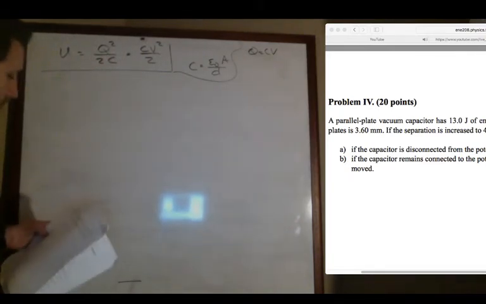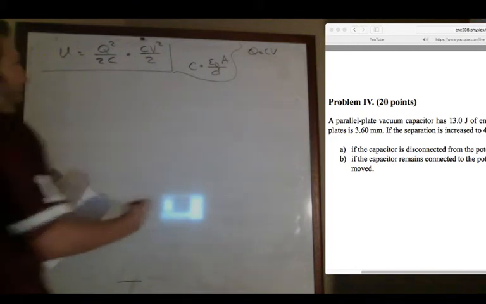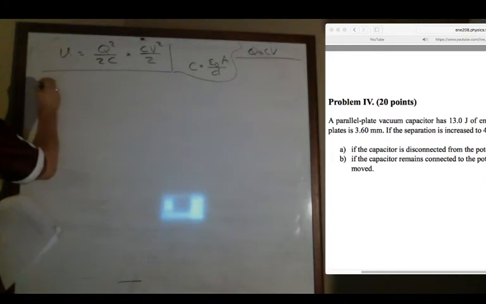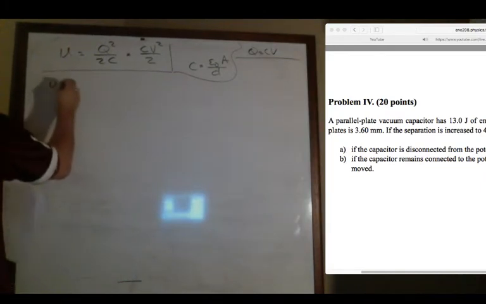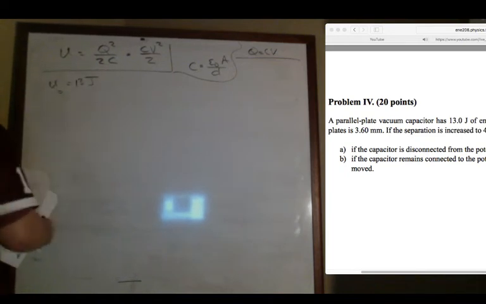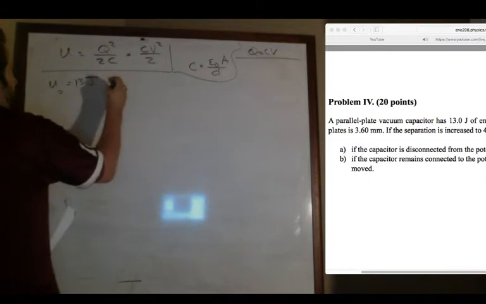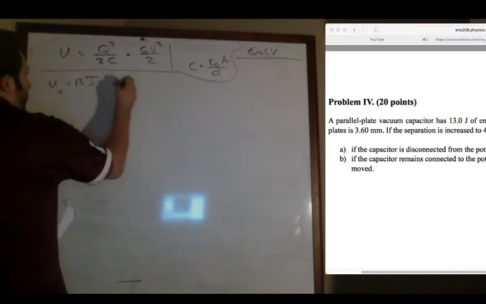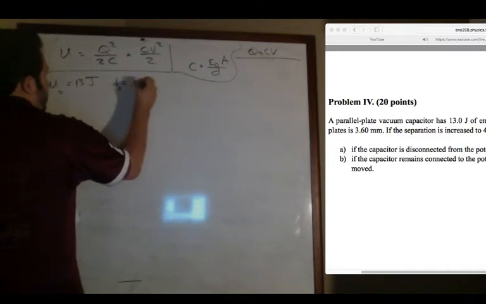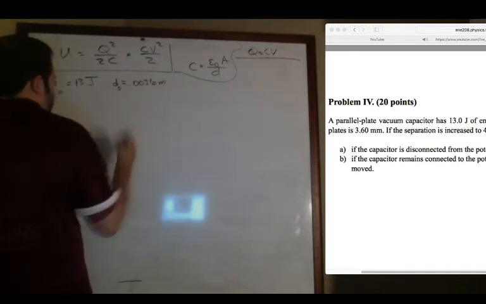Now reading through this problem, go ahead and write down everything. Our initial amount of energy, we'll call it U0, is equal to 13 joules. The separation between the plates was 3.6 millimeters, so D0 was 3.6 millimeters, or 0.0036 meters.